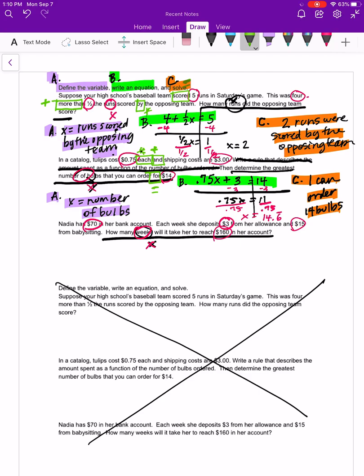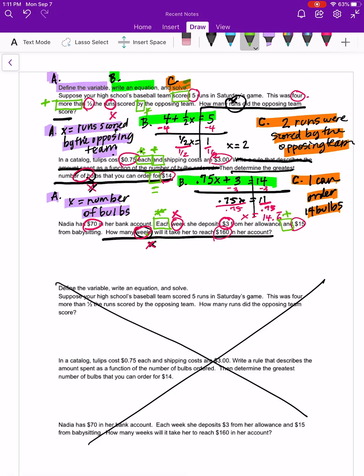So from there, she starts with 70, and then each, if you go back to those word lists, means multiply. Each week, well, right here's week. So week is our X. So each week she deposits $3 from her allowance, and she deposits $15 from babysitting.